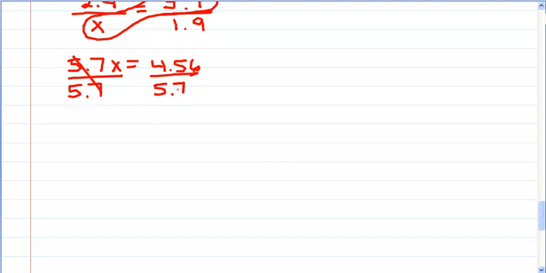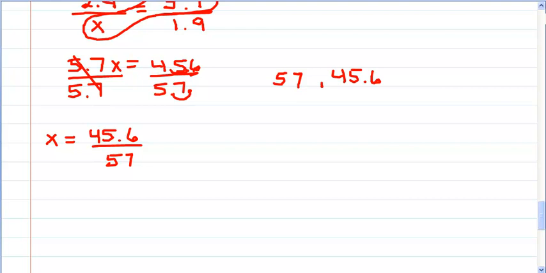And 4.56 over 5.7, I'm going to move my decimal point over once so that I have x is equal to 45.6 over 57, and if I take 57 into 45.6, 8 times 57 is 456.